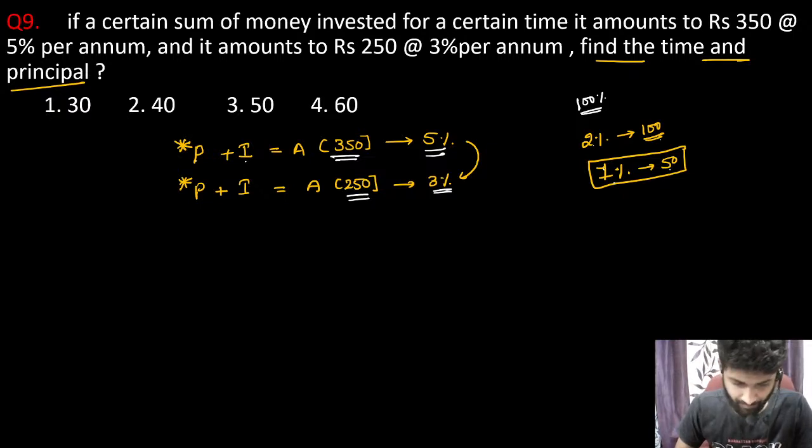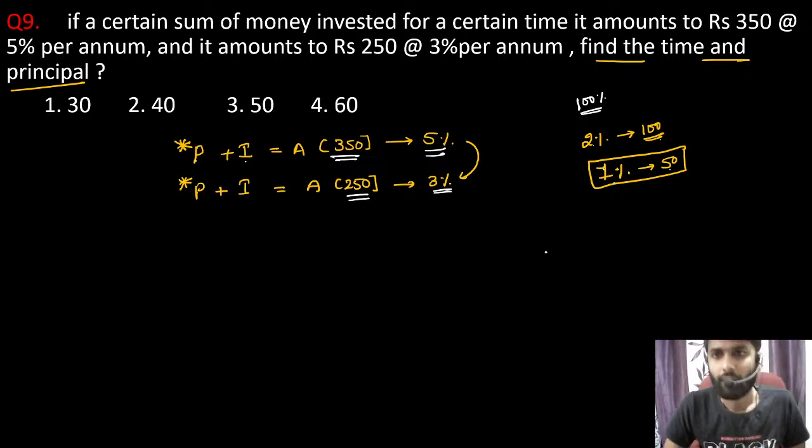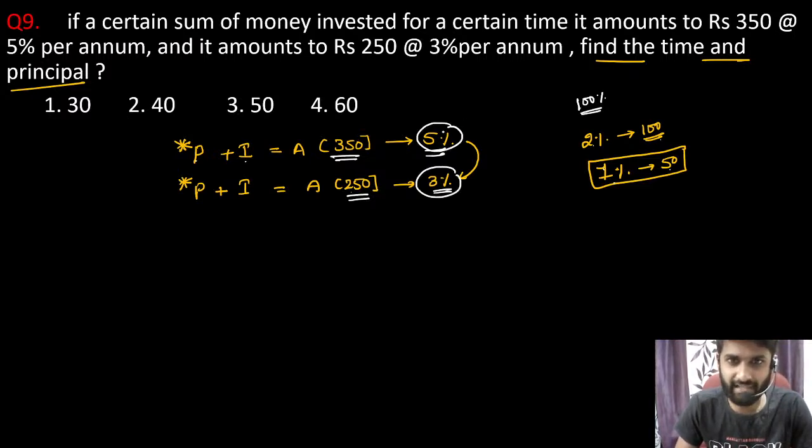Okay, see this. Okay, done. See guys, for 250 rupees with 3% rate of interest and 350 rupees with 5% rate of interest, we need to identify the principal. Why? Because if you identify the principal, then you can calculate the time period.